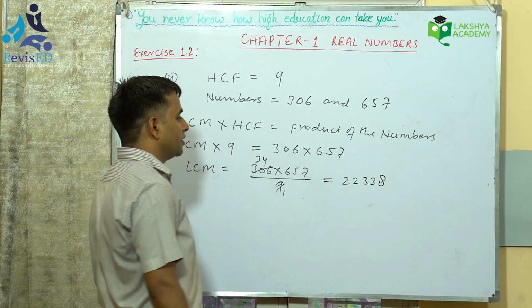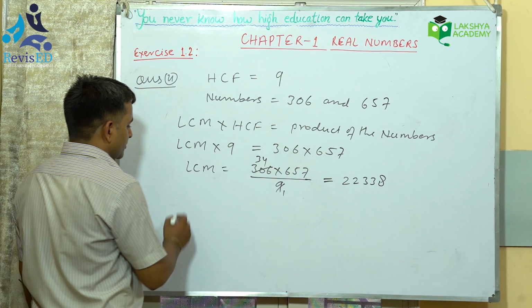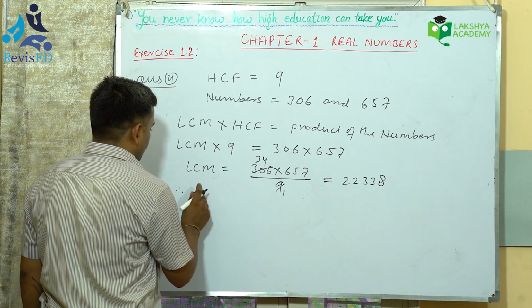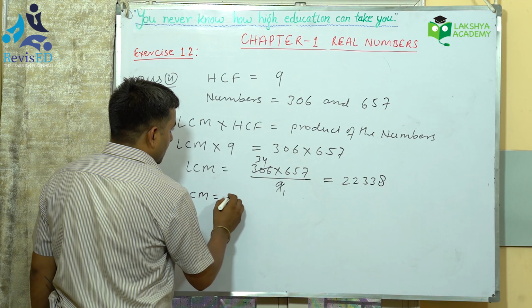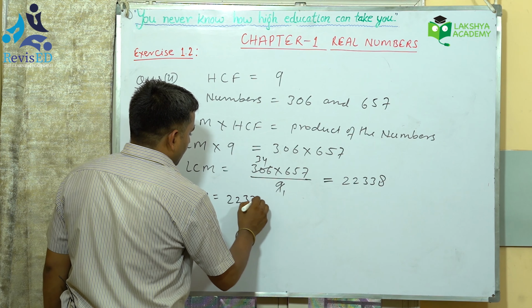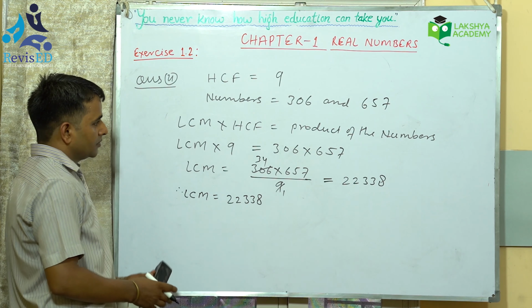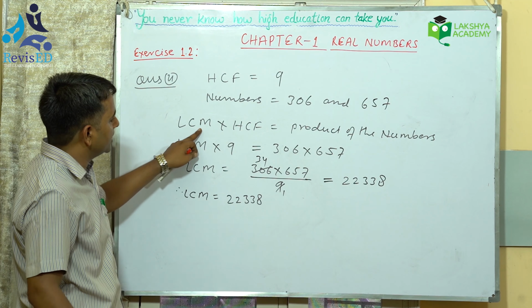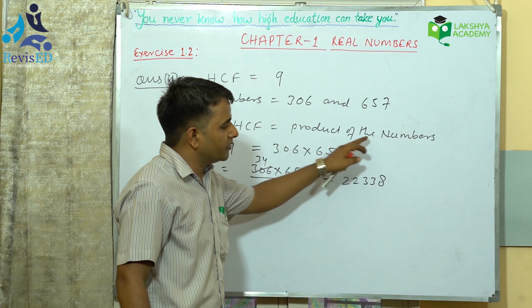So the LCM would be 22,338. This way we can find the LCM or HCF or any of the numbers given.